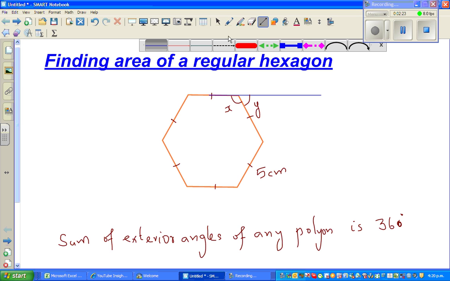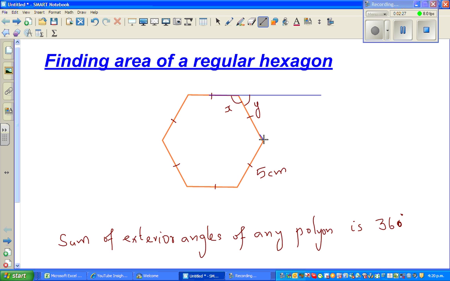So if this is x and let us say this is y, how many exterior angles do you have? I'll draw one more exterior angle. This is one exterior angle, this is the other exterior angle. If this is y, you can understand this will also be y. This is again x. So what can we say about x plus y?